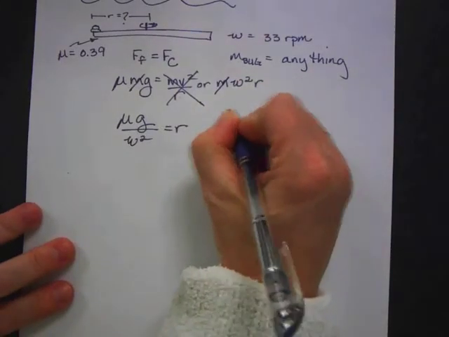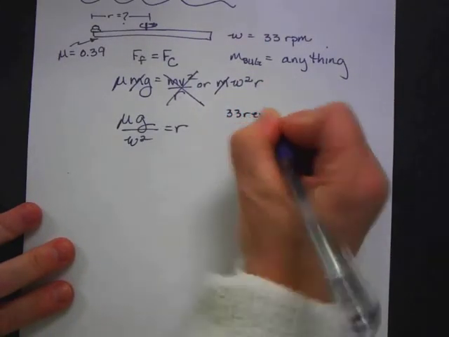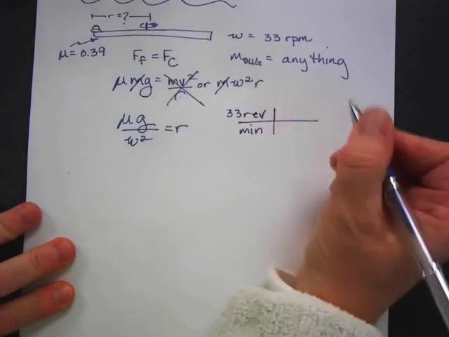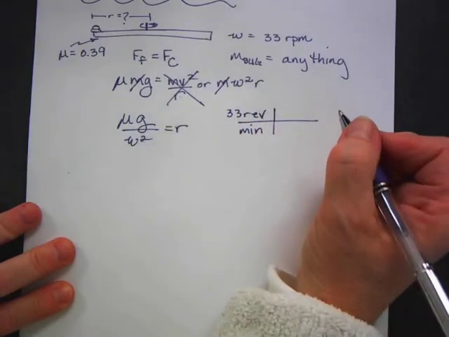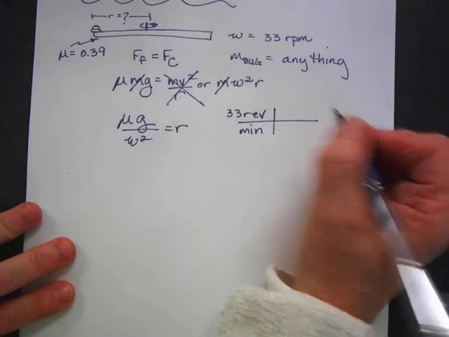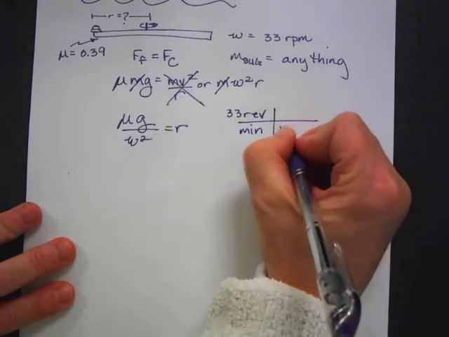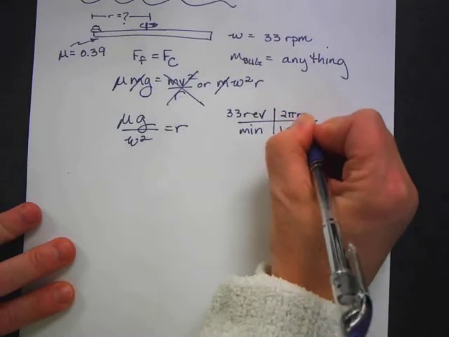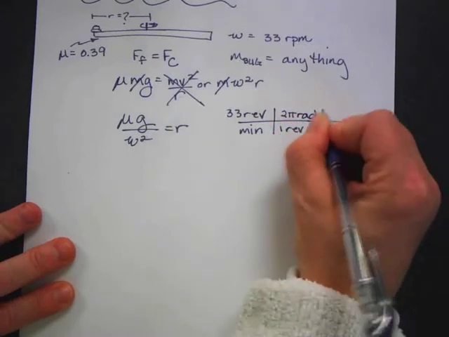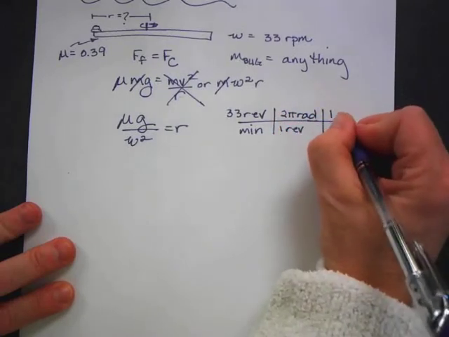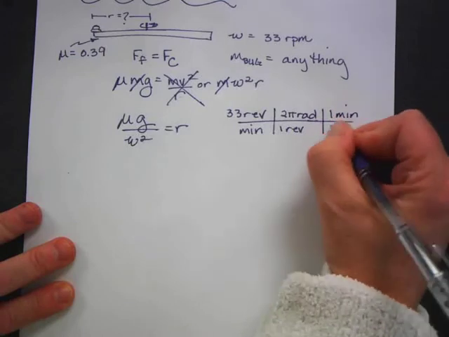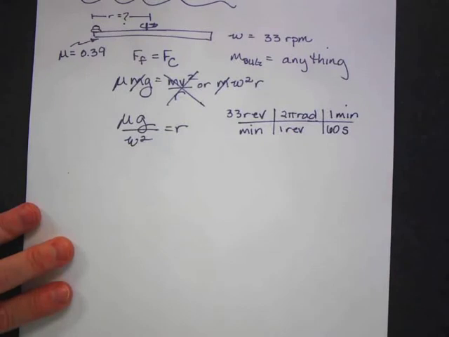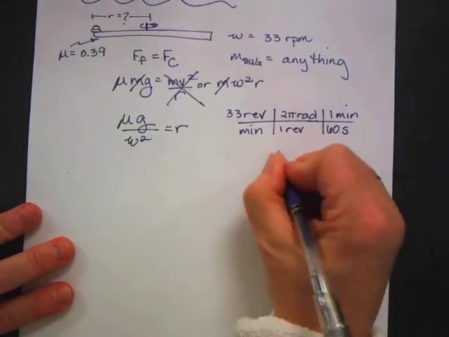No, we got to, it's close, it's almost there, but we got to do a conversion. So let's do that. So 33 revolutions per minute, and we need to get it to standard metric angular speed units. So revolutions goes to what? Radians. And minutes should convert to seconds.